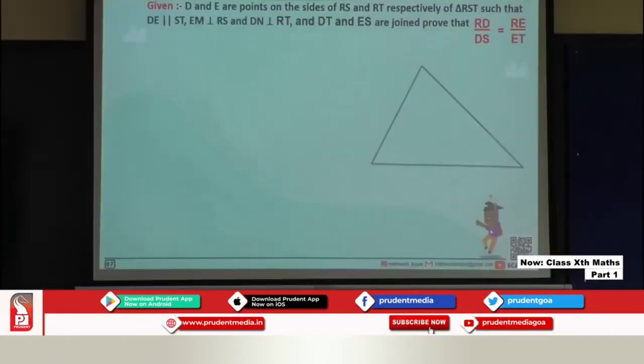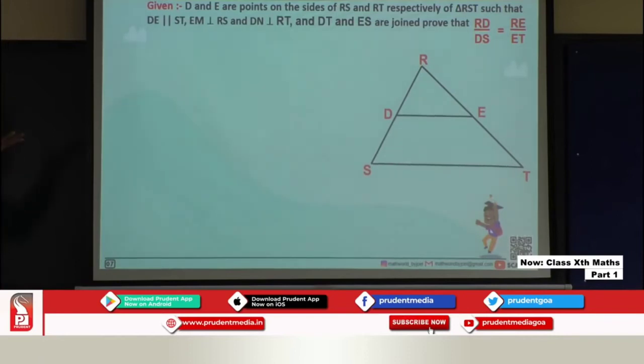So here I have a triangle, and D and E are points on RS and RT. D and E are two points on triangle RST such that DE is parallel to ST, so let's draw a parallel line. EM is perpendicular to RS.